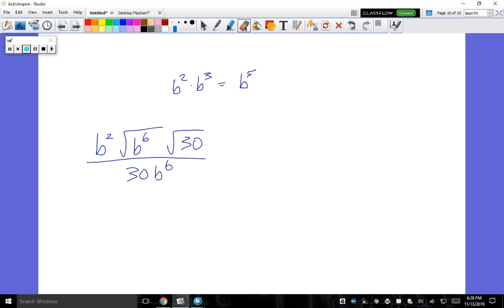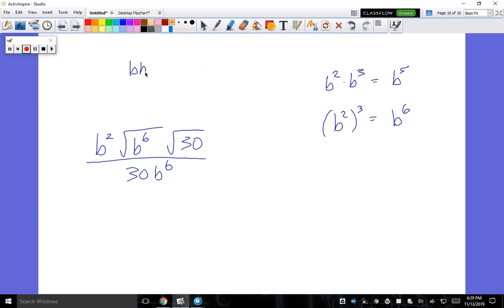Alright. So a good thing to remember is that powers that are multiplied with the same base will add. But if I had just one b that was raised to the 3rd power, this is when I would multiply. Over here, this b to the 6th means that there are 6 b's right here.